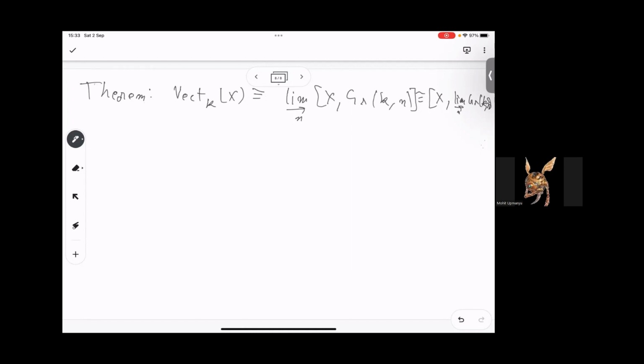So this is just some general homotopy theoretic statement, that if you take a direct limit of the sets, you'll get X cross the direct limit. So what we're actually focused on is the first isomorphism. The second isomorphism is just a general kind of statement. So, proof.